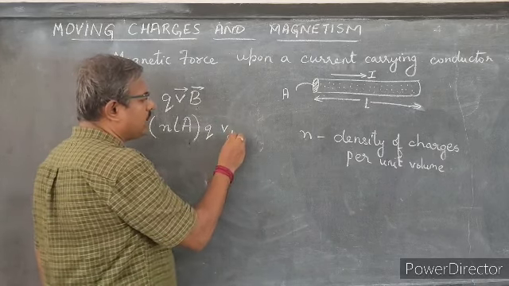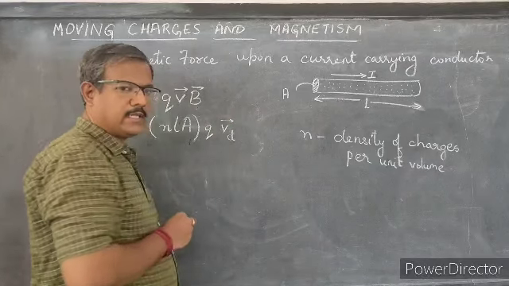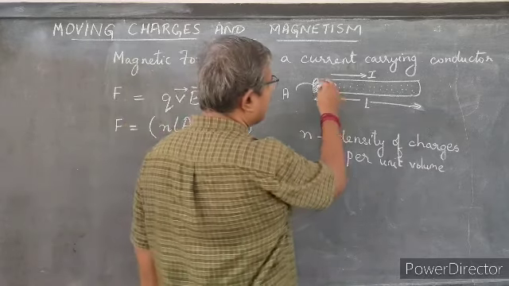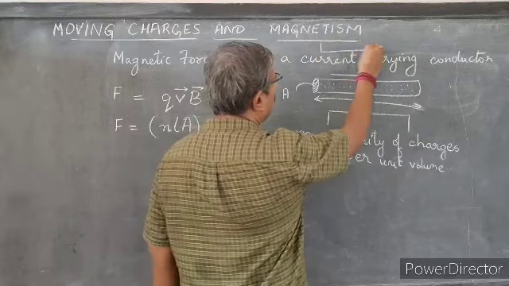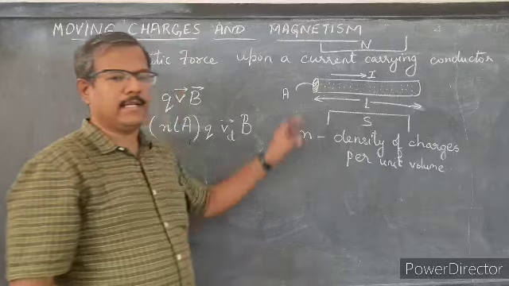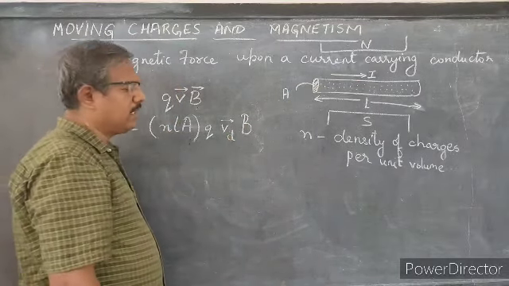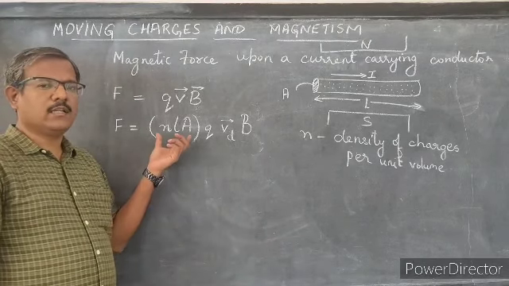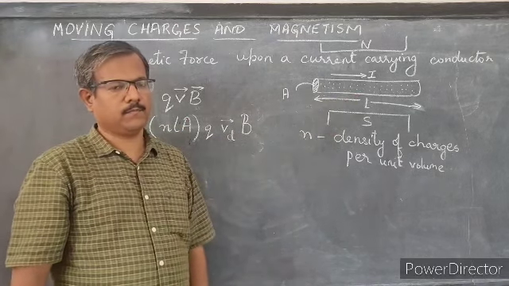So each electron is moving with the velocity Vd, right? That's a vector. In the presence of a magnetic field, so I'm assuming that this conductor is placed in between two big magnets which are exhibiting a magnetic field of strength capital B. So this becomes my new equation, which represents the force being felt by this conductor.